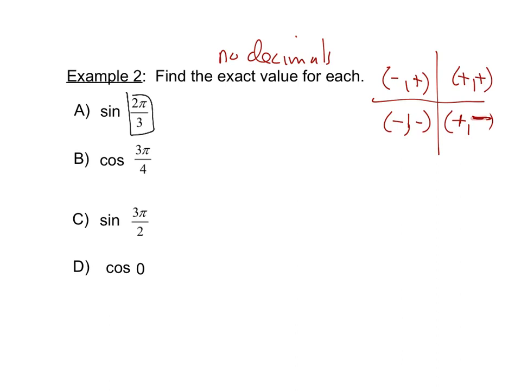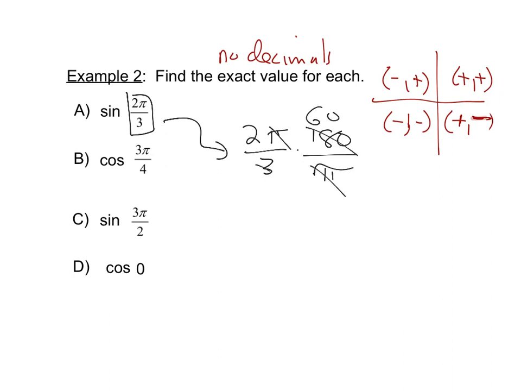If you're not comfortable with going between degrees and radians, you can convert real quick. Boom, boom. 180 over 3 is 60. So that's going to be at 120.